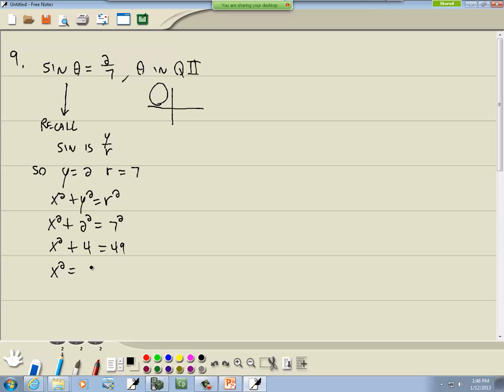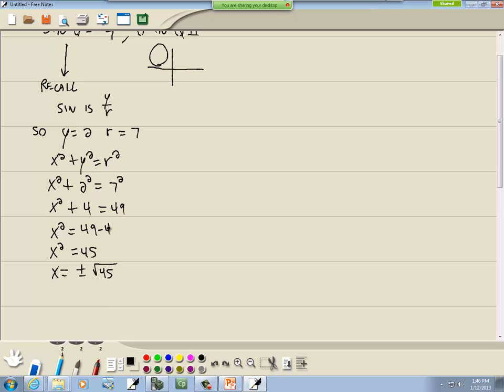Well, 2 squared is 4, 7 squared is 49. We'll take 4 over to the right side, it becomes a negative 4, which gives us x squared is equal to 45. And drop the squared, put a plus or minus square root around the other side. And 45 is 3 times 3 times 5.